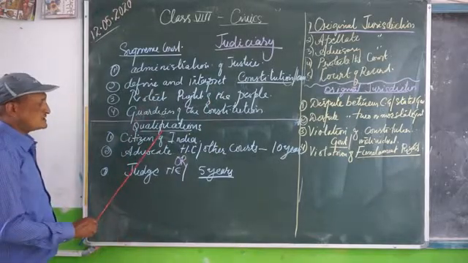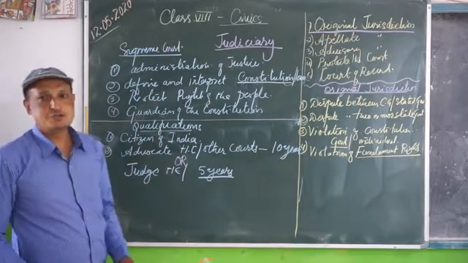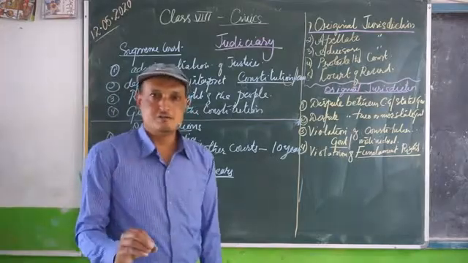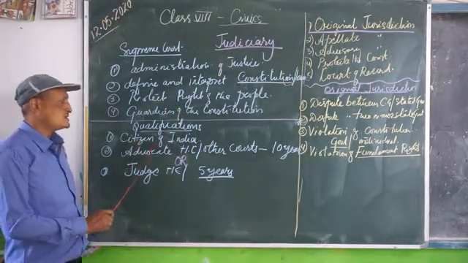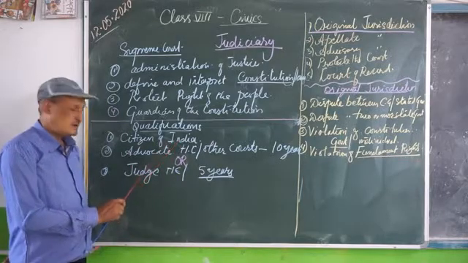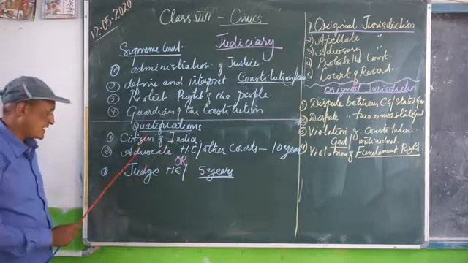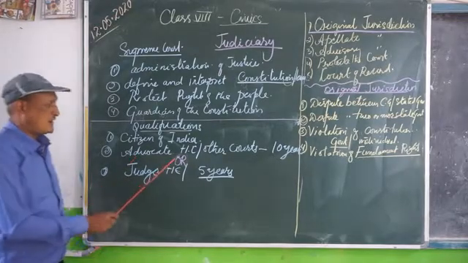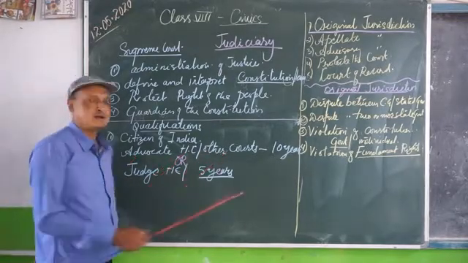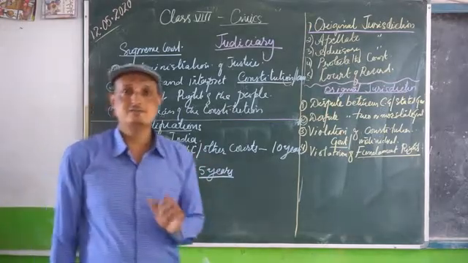Now, what are the qualifications required to be the judge of the Supreme Court? First and foremost, he or she should be a citizen of India. It's compulsory. Second, a person should have worked as an advocate of a high court or two other courts for at least 10 years.